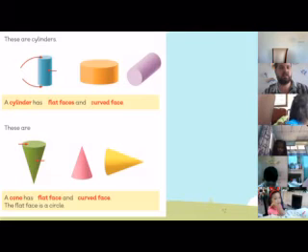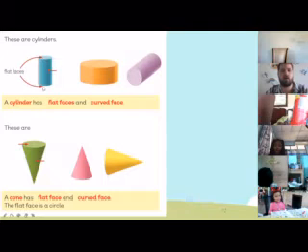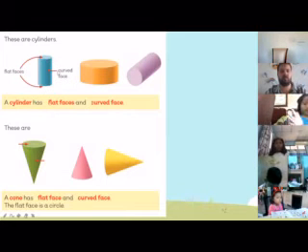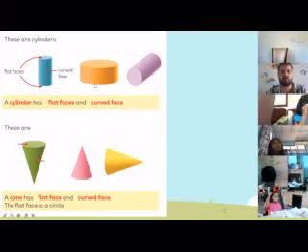Now our cylinder has flat faces. Can you see the flat faces? We have 1 and 2 flat faces. Our cylinder also has a curved face. Over here, this is the curved face. So at the top and bottom we have the flat faces, and on the side we have the curved face.